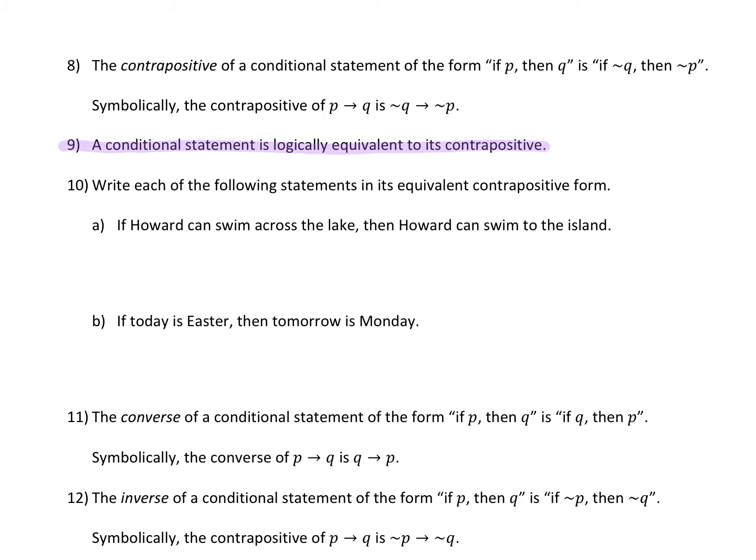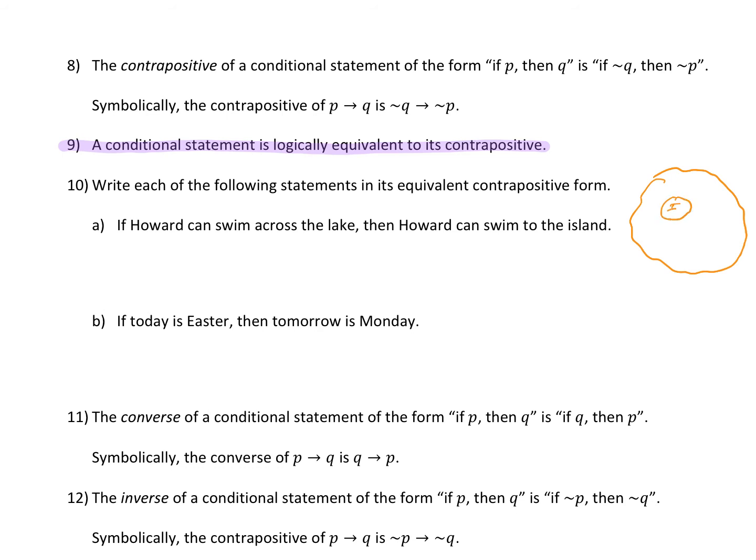So let's write each of these in its equivalent contrapositive form, and hopefully we'll be able to see that they are equivalent intuitively. So A says that if Howard can swim across the lake, then Howard can swim to the island. I think it's helpful if I draw a little picture. We've got a lake, roughly round, and we'll put an island somewhere in it.